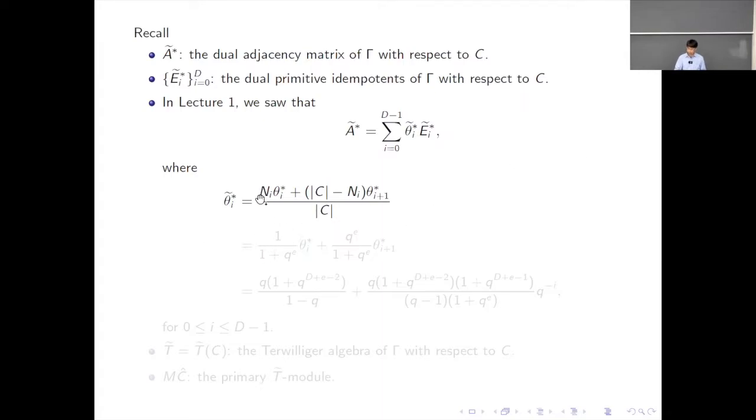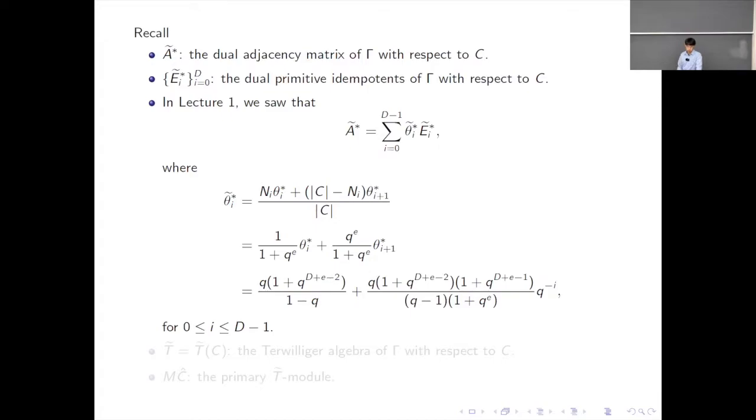But we know the number Ni and the size of C. So that is just 1 over 1 plus q to the e times theta i star, plus q to the e over 1 plus q to the e times theta i plus 1 star. And we also know the formula for theta i star. So simplifying this quantity, we get this expression.